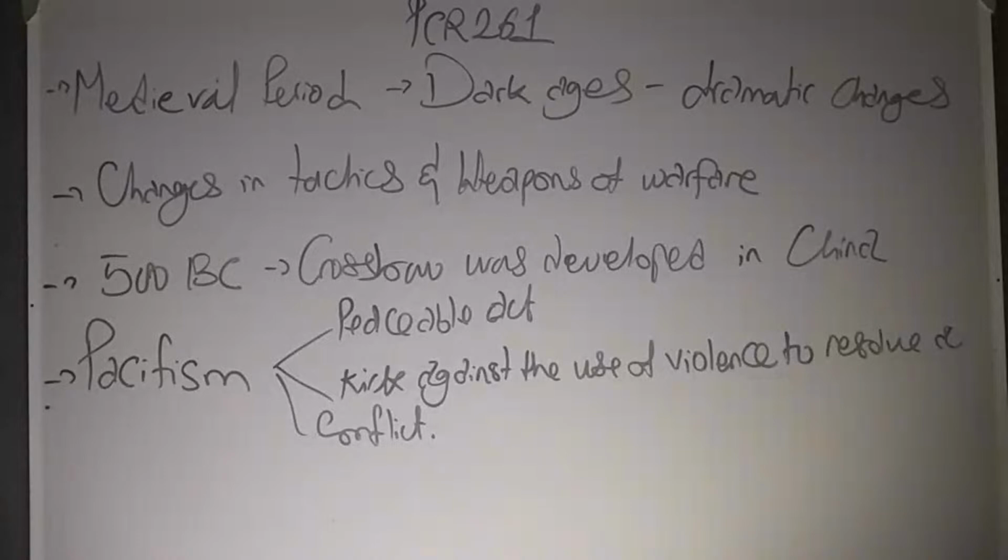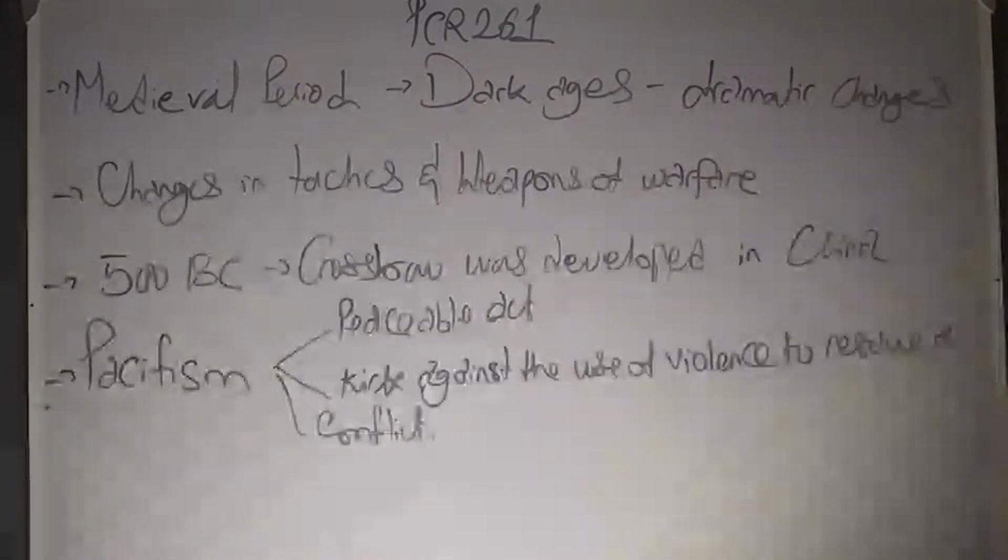Well, we have some points here about the critics. One of the critics is that pacifism is a paradox, it is not reality. When we say critics, I don't want to refer to it as loopholes, but shortcomings.